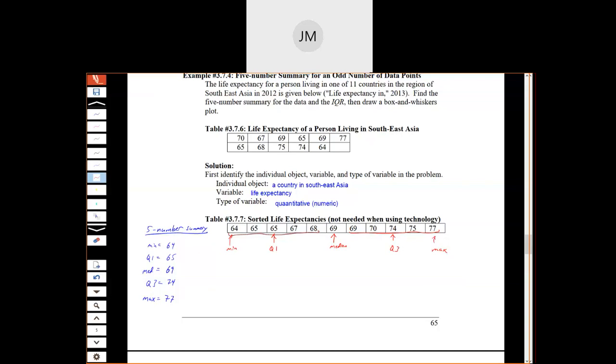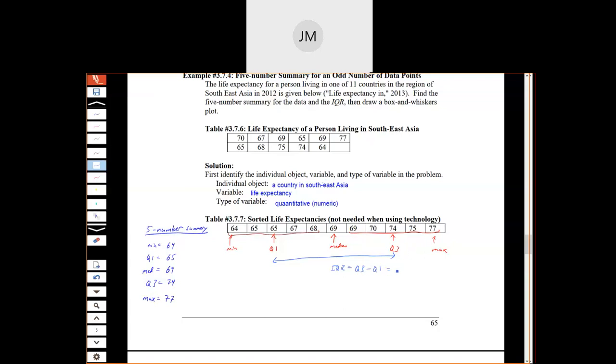Okay. The interquartile range, remember we said, was the distance from Q1 to Q3. So this distance here is the interquartile range.